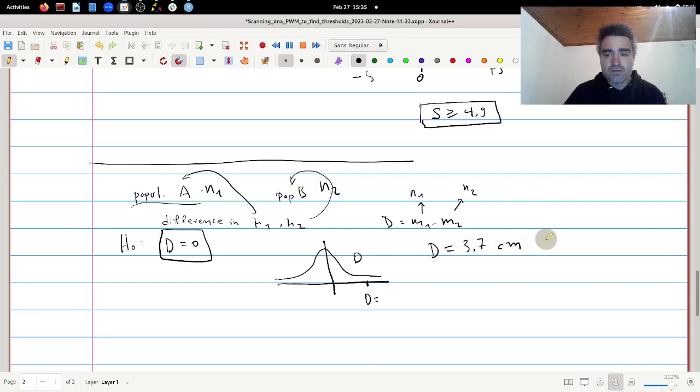So this is actually that M1 minus M2 is 3.7. Now we are interested in when we observe in the null hypothesis such a difference or higher.